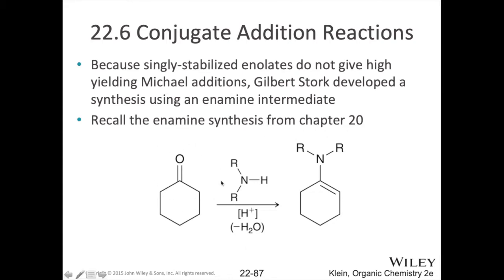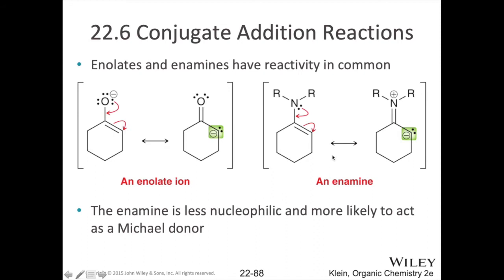So what we do is we start off with our carbonyl compound with its alpha carbon that we're going to deprotonate to make our enolate. And to do this, we're going to use an amine, right? Now, your enolate can also attack that nitrogen. Okay, so you make the corresponding enamine when this happens. So here's your enamine, and I want you to see the similarities here between your enamine and your enolate.